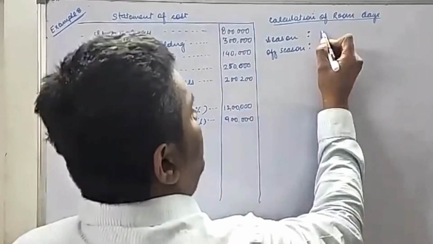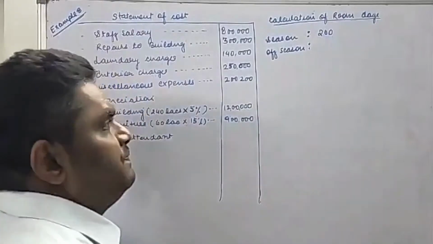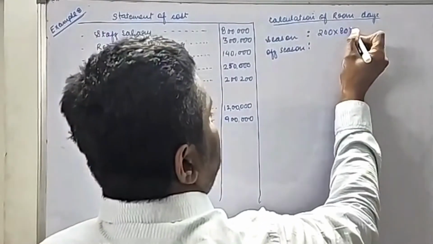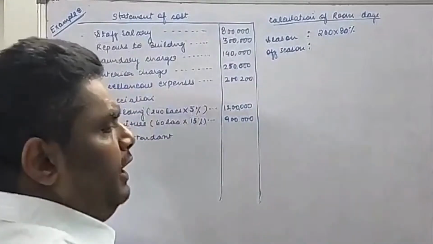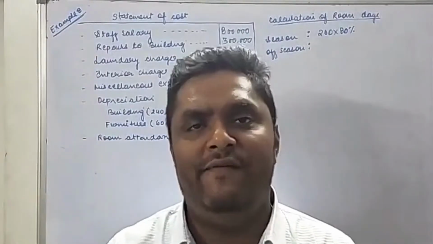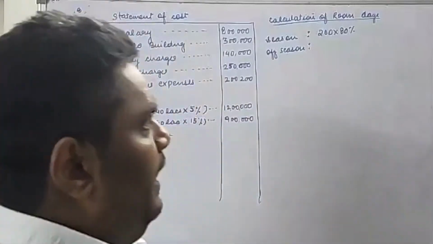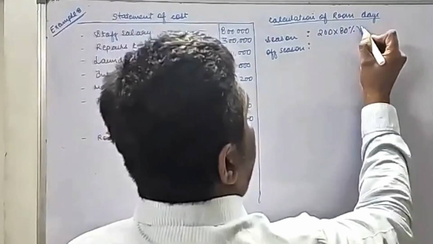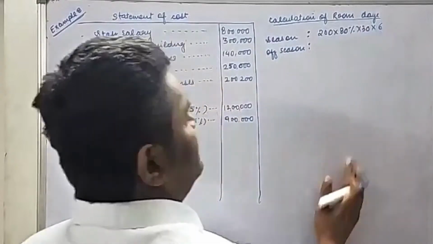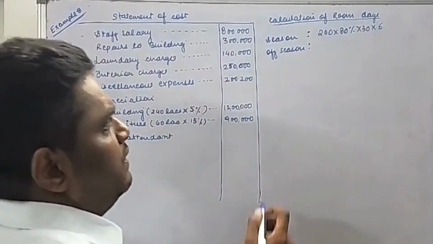So see, there are 200 rooms in the hotel and during the season the occupancy is 80%. It means 160 rooms are occupied every day, and there are 30 days in a month, and total for 6 months it is the season period.